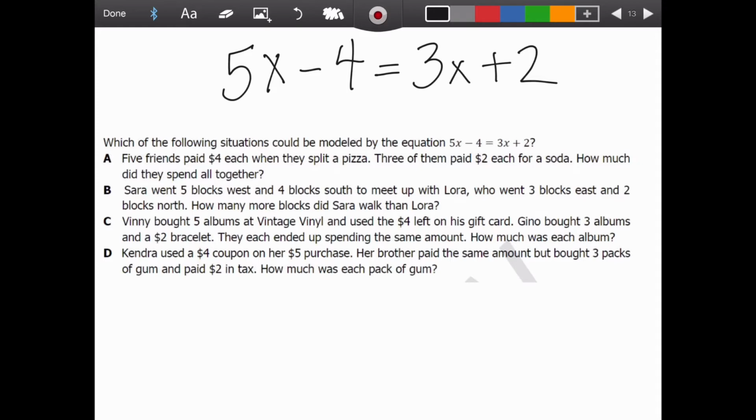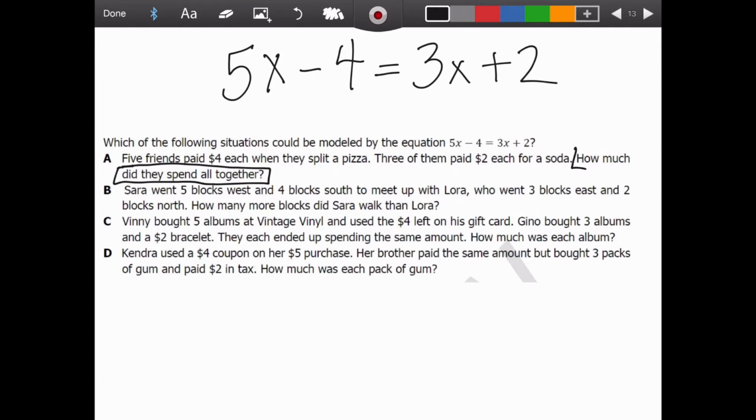5 friends paid $4 each when they split a pizza. First, let me finish reading. Then it says 3 of them paid $2 each for a soda. How much did they spend all together? Since I finished reading the question, it asks how much they spent all together.